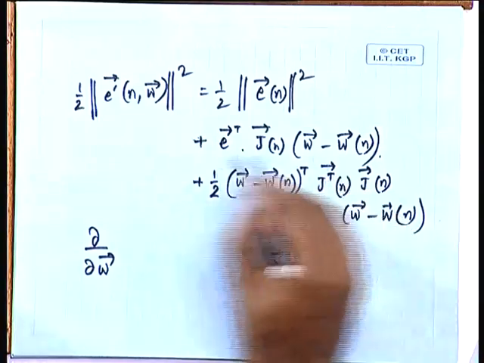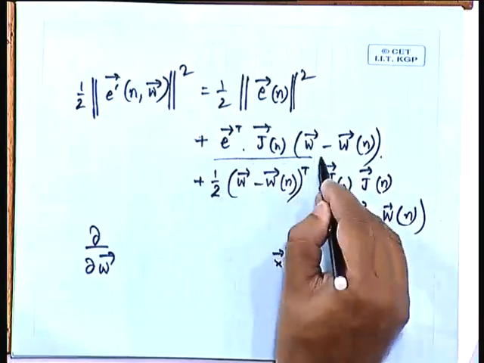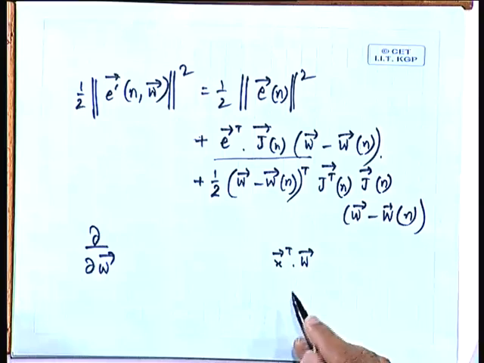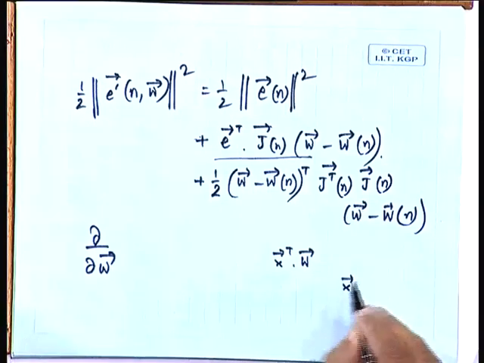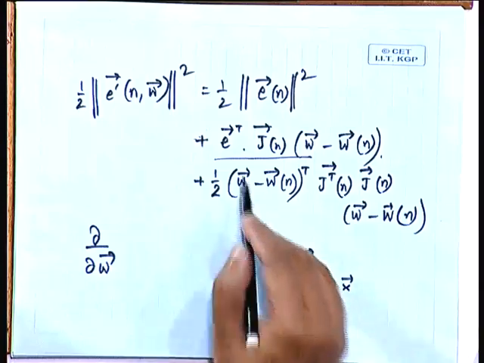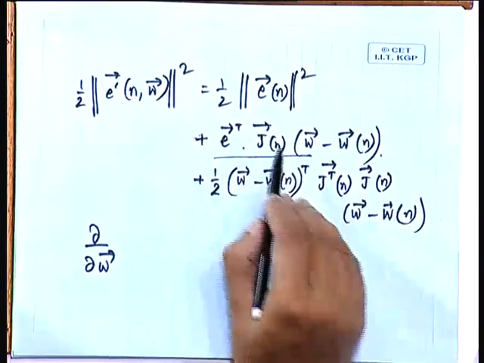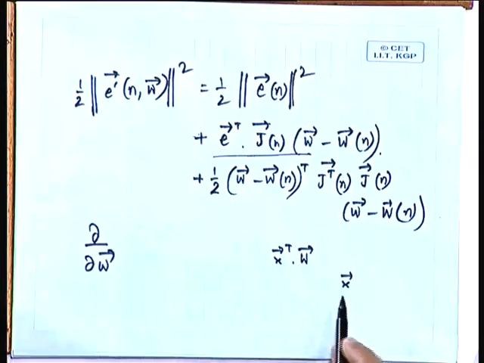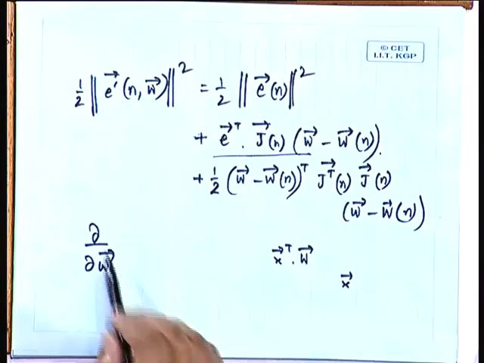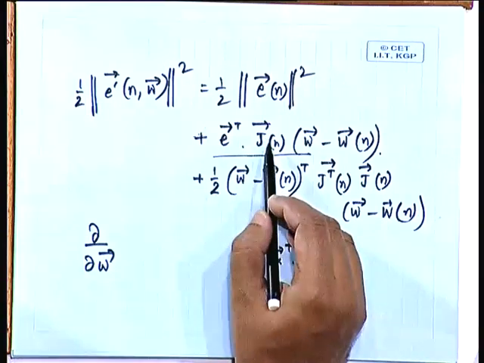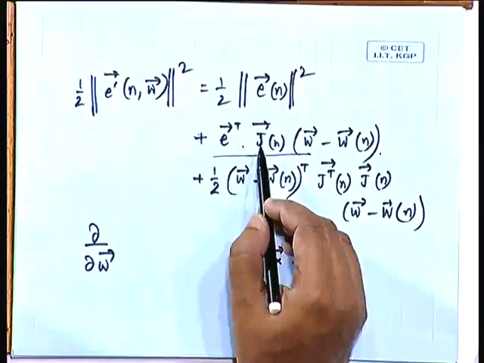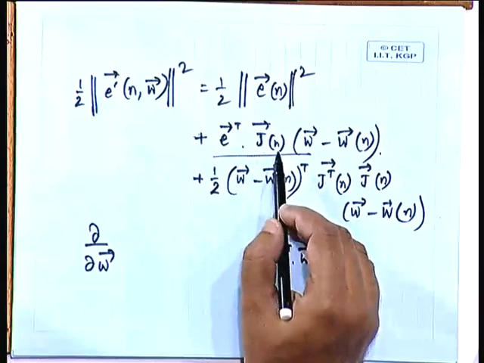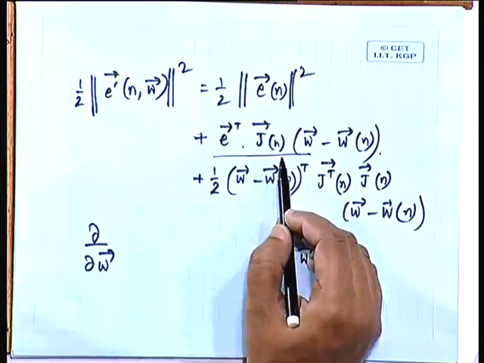This is an expression of this form, the second term, for which we already know that the result of the differentiation is X. So, if you take this to be a transpose form of expression, then whenever you differentiate with respect to W, what do you get? You get J transpose E, very correct.